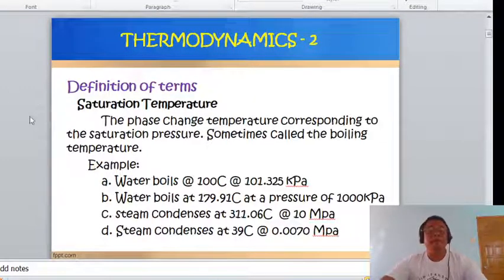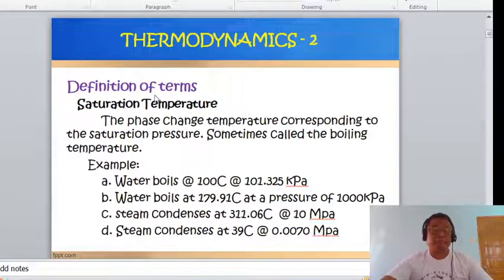Okay, meaning the steam will condense, will turn again into water at 311 at a pressure of 10 megapascals. Or steam condenses at 39 degrees at 0.007 megapascal.